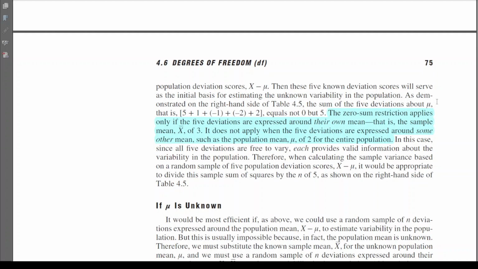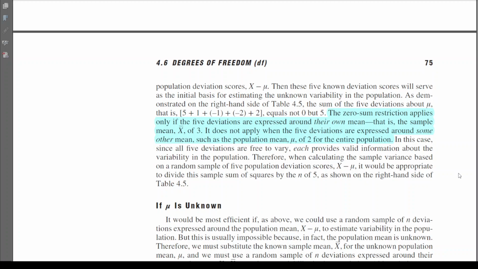It does not apply when the 5 deviations are expressed around some other mean, such as the population mean mu of 2 for the entire population. In this case, since all 5 deviations are free to vary, each provides valid information about the variability in the population. So, since each of the 5 values are free to vary, they will provide a definite value for the variability in the population.